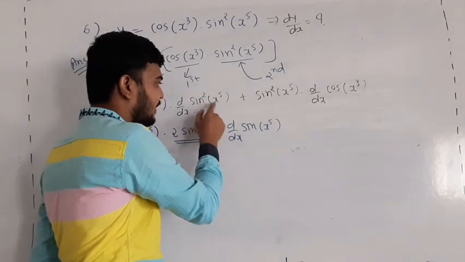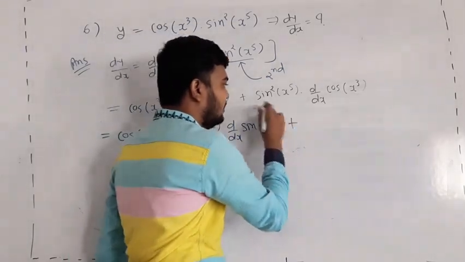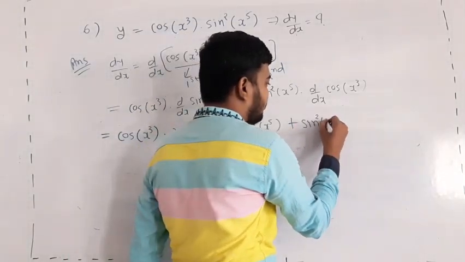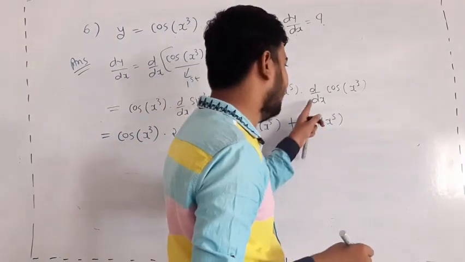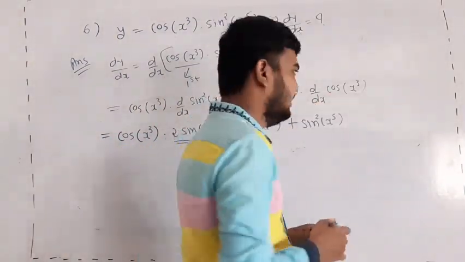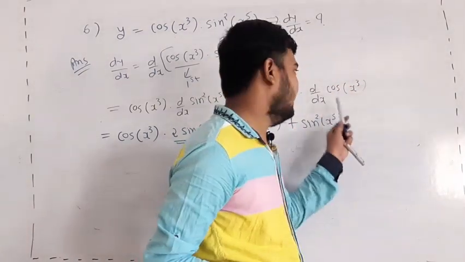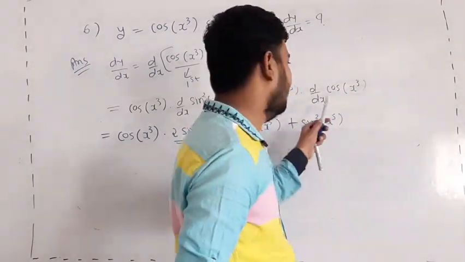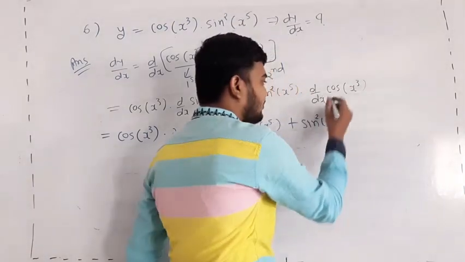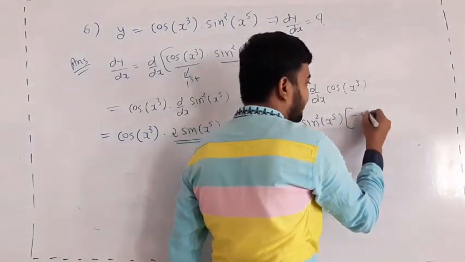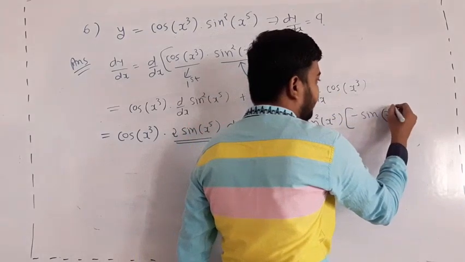So d by dx of sine of x raised to 5, plus sine square x raised to 5 as it is. Now d by dx of cos of x cube. So here there is no power on the outermost function, so we directly take the derivative of the outermost function, and the outermost function is cos, then derivative of cos is, beta, minus sine of the same angle.